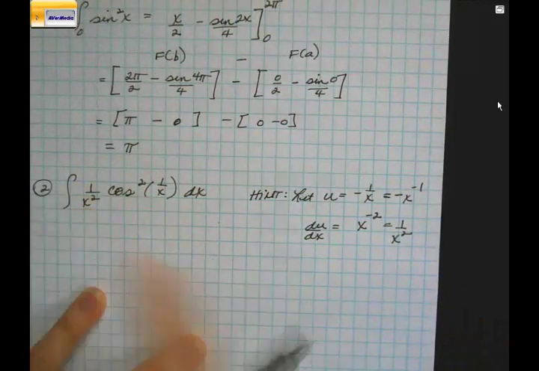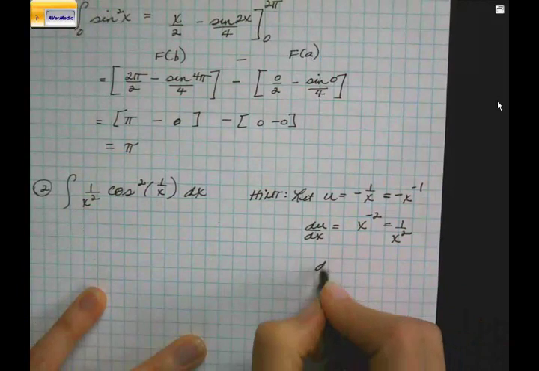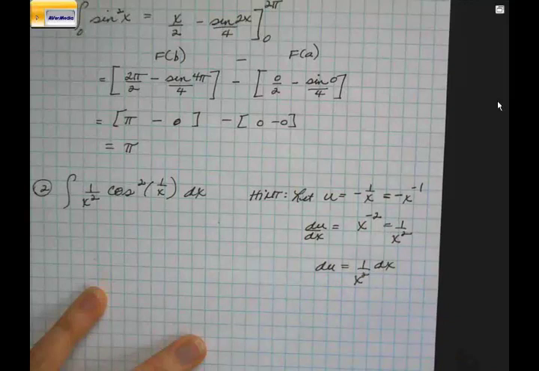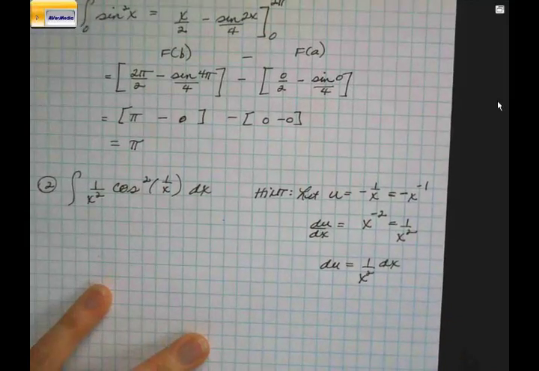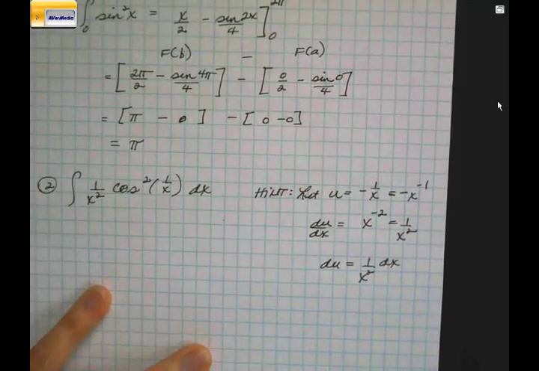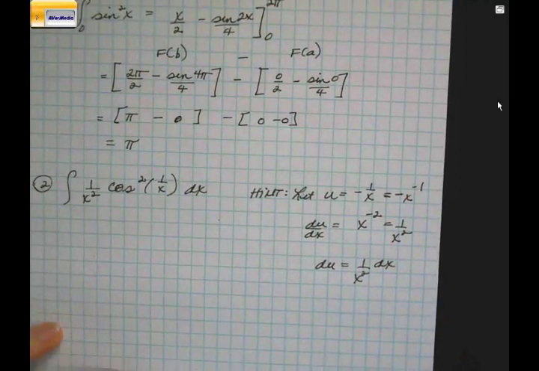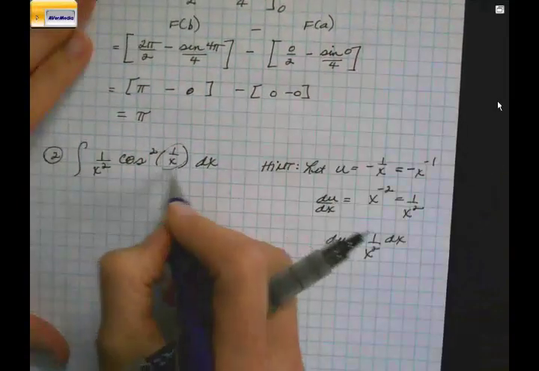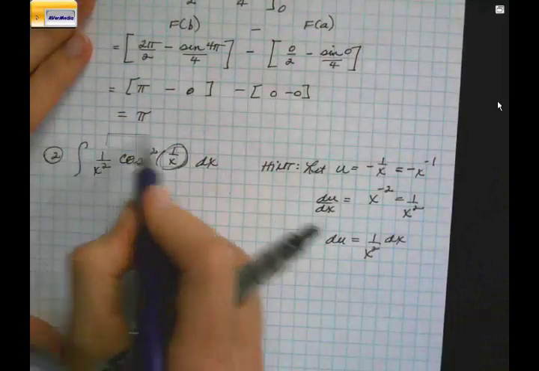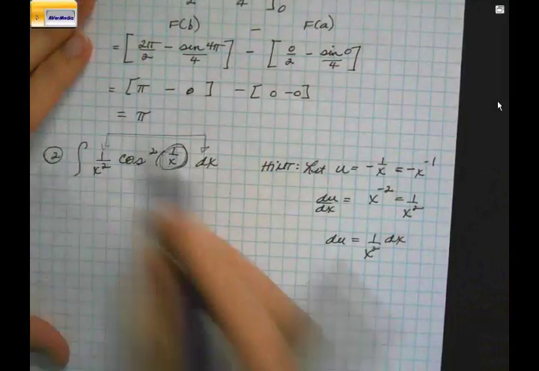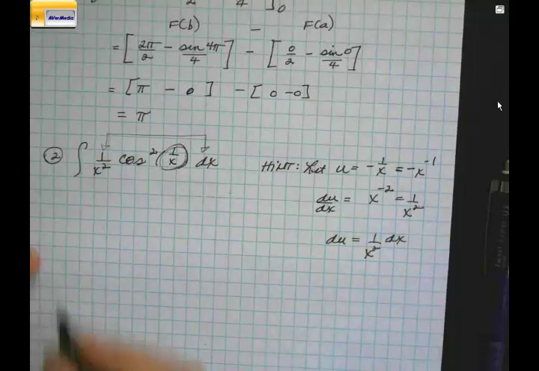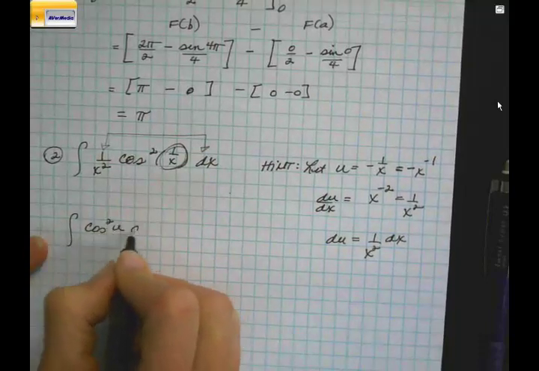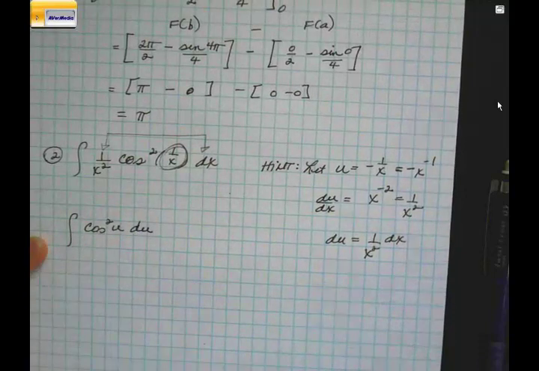So then we get du equals 1 over x squared dx. Hey, this is nice. That was a good hint. That was a handy little hint. So this becomes cosine squared u, and these two guys, 1 over x squared dx, is du. So this becomes cosine squared u du.